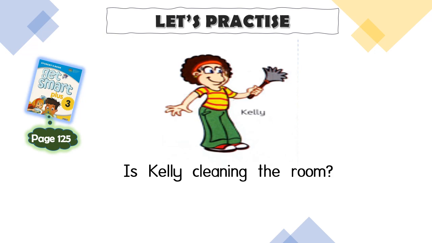Is Kelly cleaning the room? Look here, we use is for singular subject. Make sure you use ing here when you ask is. It means that you're asking about activities happening at the moment of speaking.